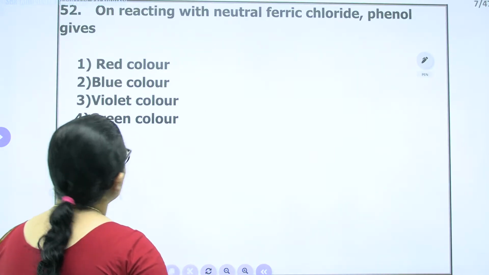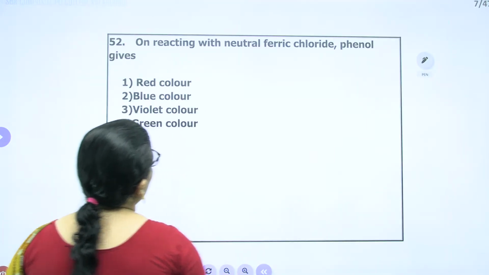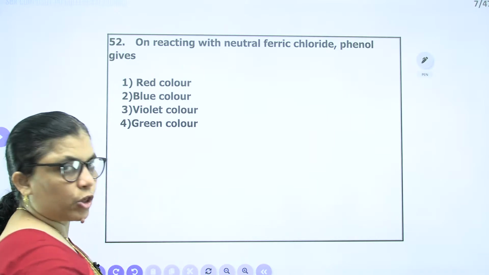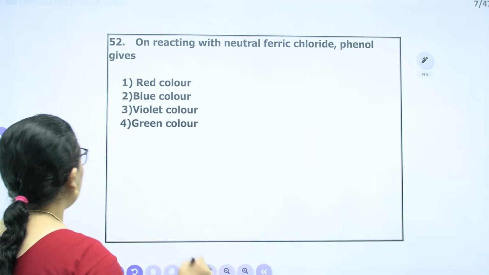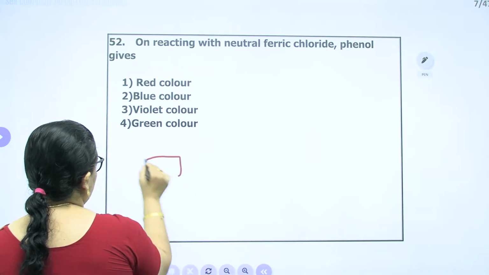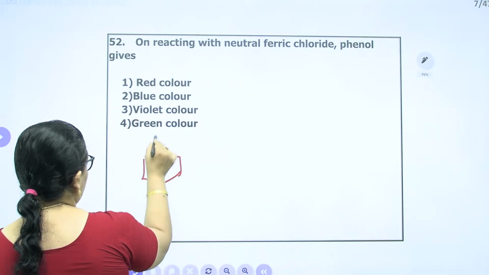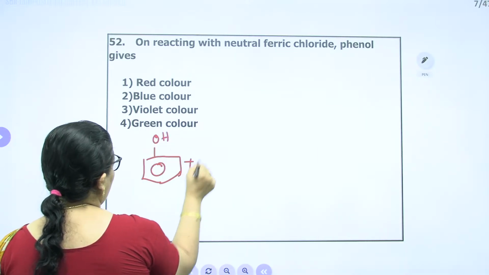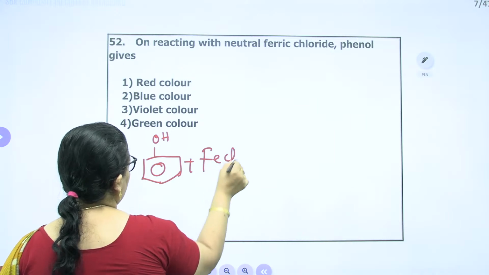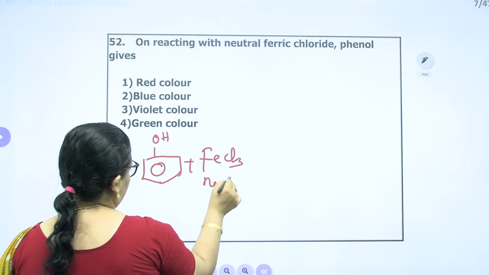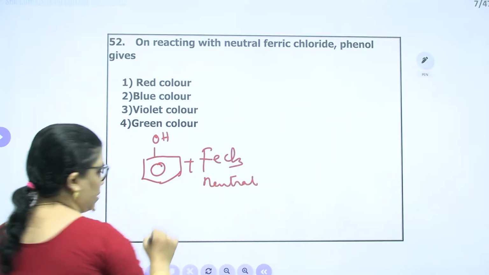Next. On reaction of phenol with neutral FeCl3, this is a characteristic reaction for phenol. FeCl3 is a Lewis acid.